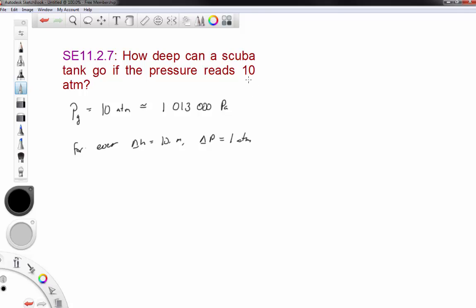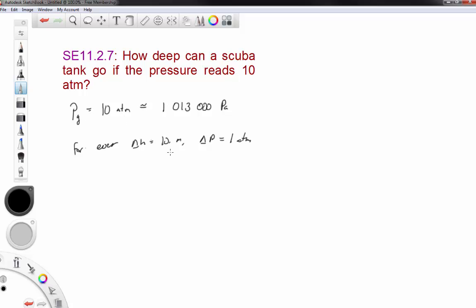So we already have 1 atmosphere above the water. So the gauge reading is basically the reading that is equivalent to how much outside pressure you have when you're sitting at surface. So if you have 10 atmospheres gauge reading, then you can add 10 atmospheres worth of pressure from the water outside of the tank before the water pressure becomes great enough that if you were to puncture the tank, water would rush in rather than air rushing out.